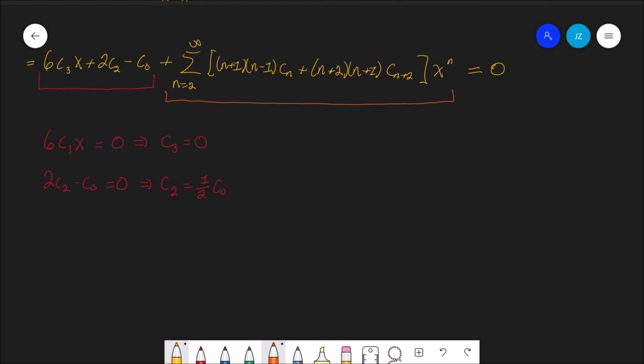Now we look at n plus 1 times n minus 1, c sub n, plus n plus 2 times n plus 1, c sub n plus 2. This has to be 0.